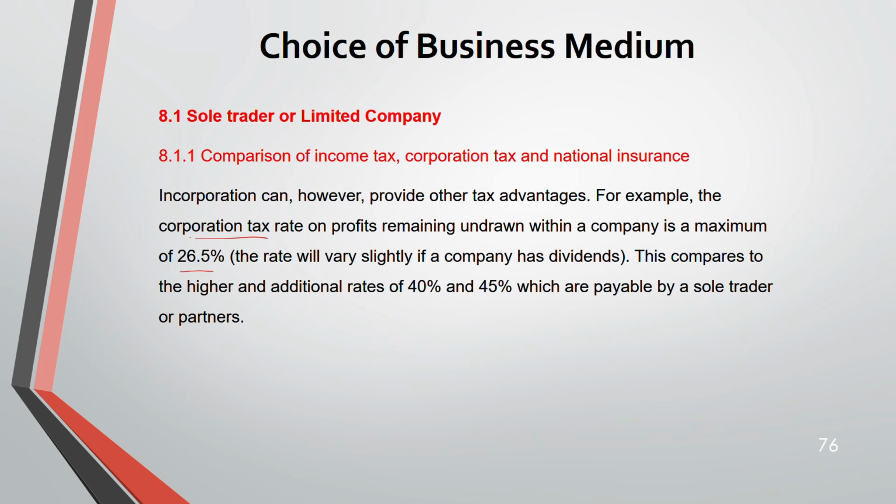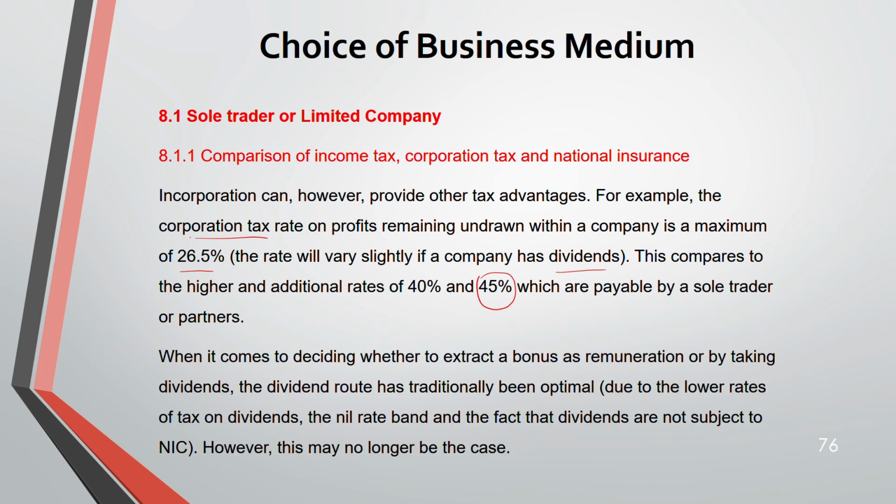This figure will vary slightly if the company pays dividends. But if you compare this with the sole trader, the highest rate they have to pay is 45%, the additional rate tax. So compare the two rates. Which one is better, 26.5 or 45? Both sole traders and partners have to pay 45% at the highest.